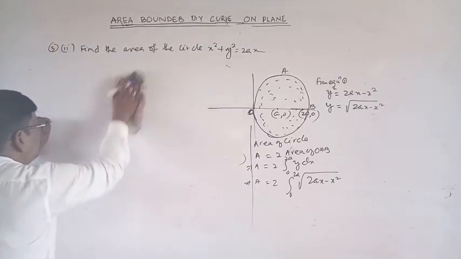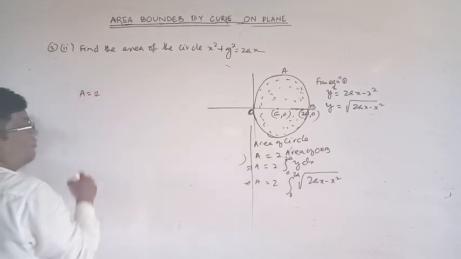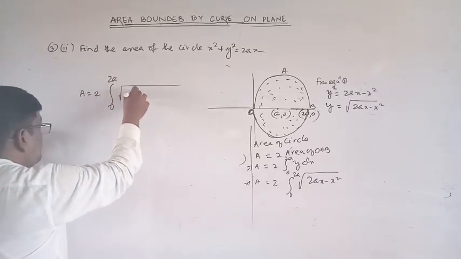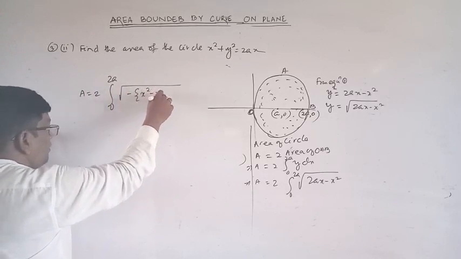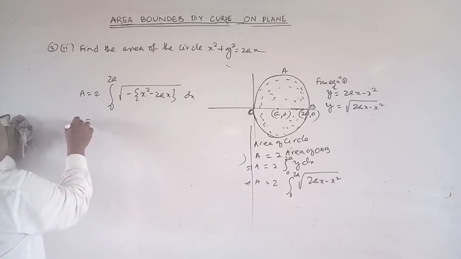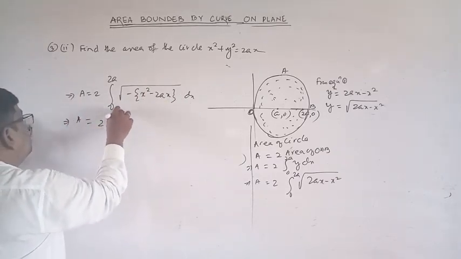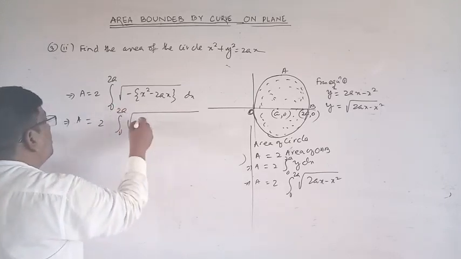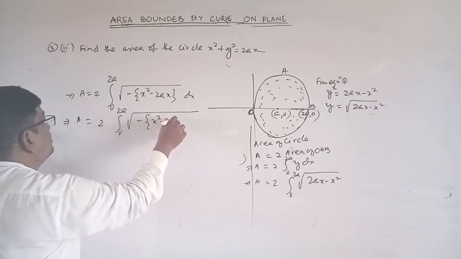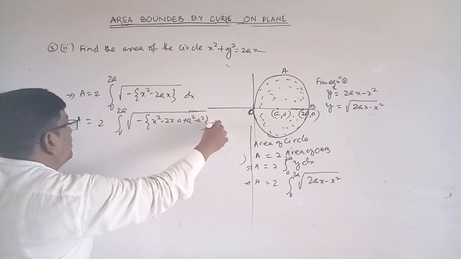That is, A is equal to 2 times the integral from 0 to 2a of the root of minus of (x square minus 2ax) dx. So A is equal to 2 times the integral of the root of minus of (x square minus 2xa plus a square minus a square) dx.